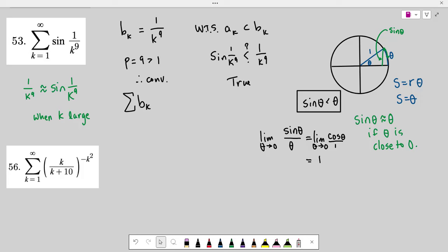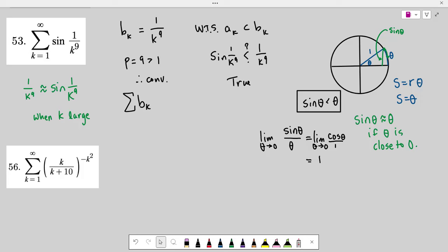But wouldn't a fraction of a quantity always be less than a quantity? If it's a proper fraction of the quantity, it will be less than the quantity. But sine of a quantity is not necessarily a fraction of a quantity.